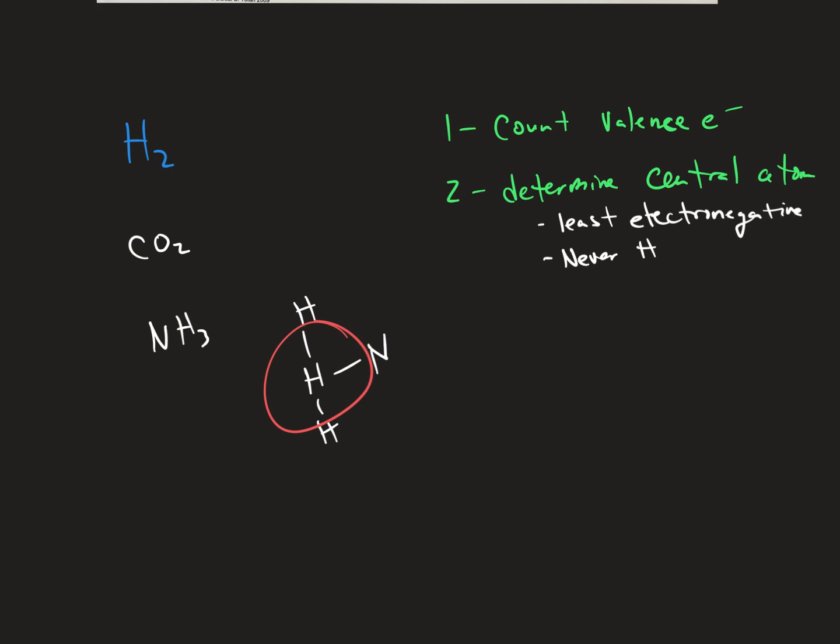How many, well, we're sharing so that they all have a what? Octet. How many is hydrogen's octet? Yeah, the nearest noble gas is helium, which is 2. You with me? So hydrogen's octet is only 2, so it can only be bonded to 1 atom, period. Good?